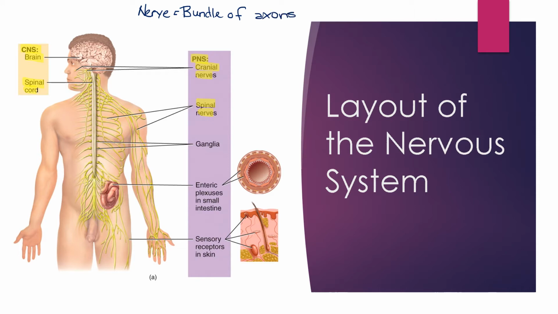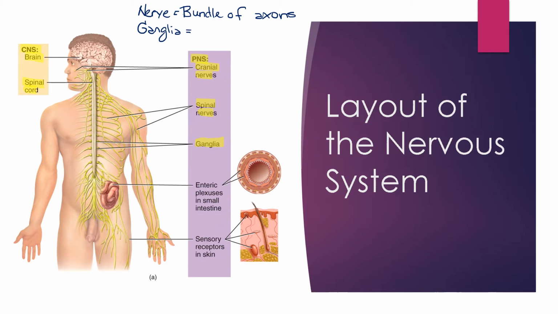Another term we will come across is ganglia. Now, ganglia are small masses of nervous tissue consisting mostly of neuronal cell bodies that are located outside the brain and spinal cord. So these are going to be located in the PNS, the peripheral nervous system.